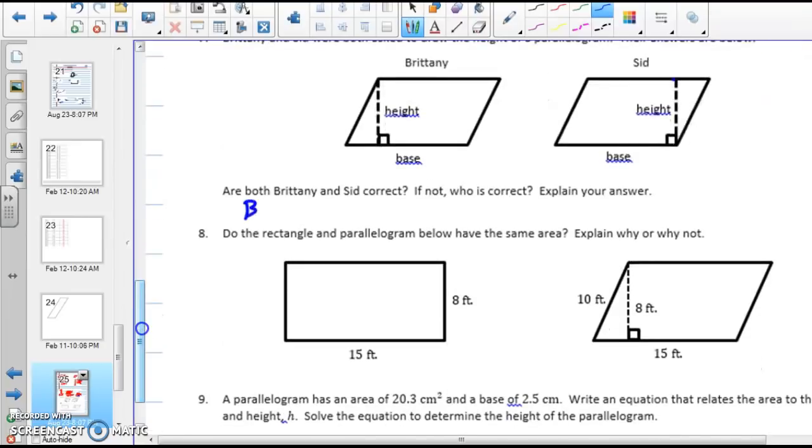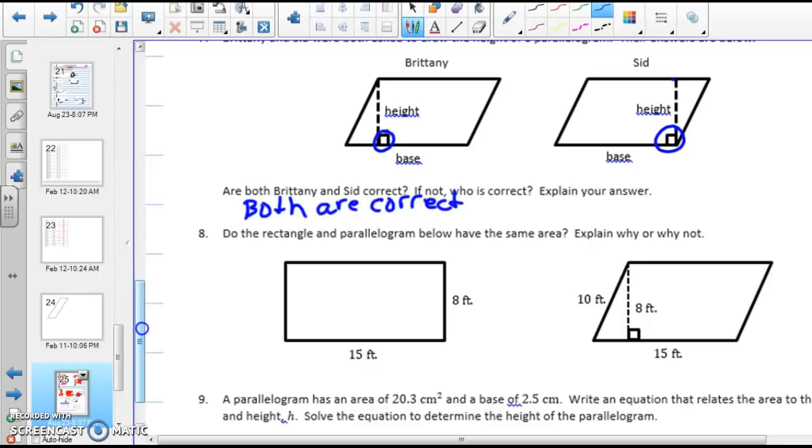Both are correct. From the Ed puzzle yesterday, you should have recognized that the height doesn't always have to go the same direction, but you should notice this right angle.